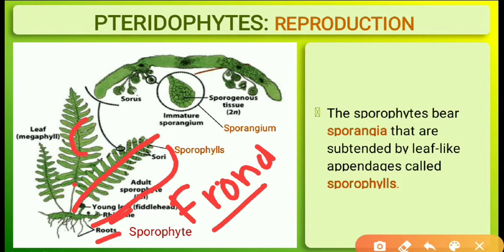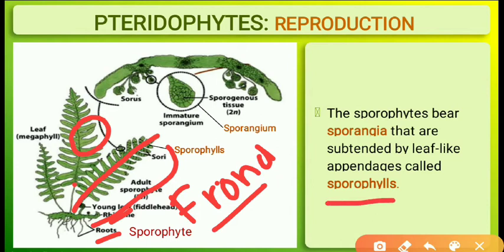I told you the leaf of this plant is a reproductive leaf, because reproductive organs are going to be borne on the leaf. In higher plants like angiosperms, the reproductive organ is borne on a special structure, that is the flower, which is mainly meant for sexual reproduction. Here the sex organs are produced on the leaf, and such a leaf is called a sporophyll.